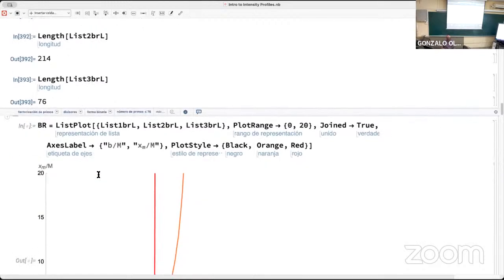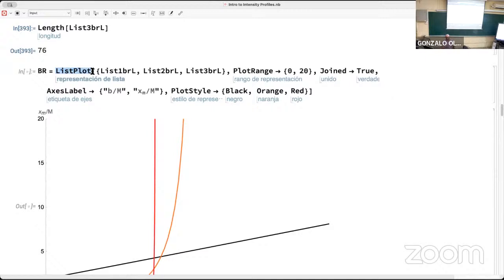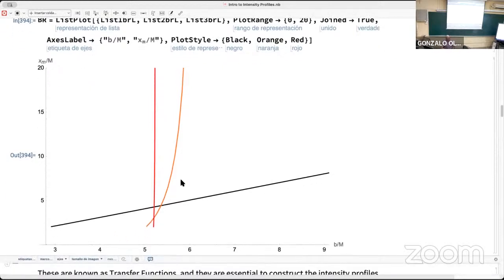Then we can plot this list of data using the command ListPlot. We have discrete points, so we plot them in Mathematica, and we get this representation. This is the impact parameter, and this is the radial location on the disk. For the direct image, we have this linear relation.